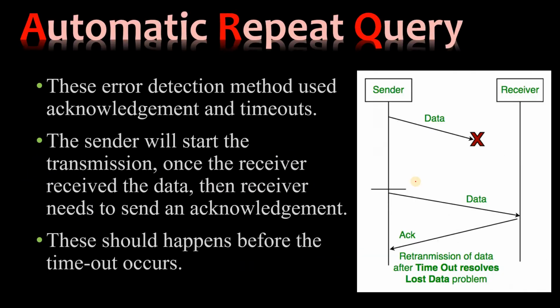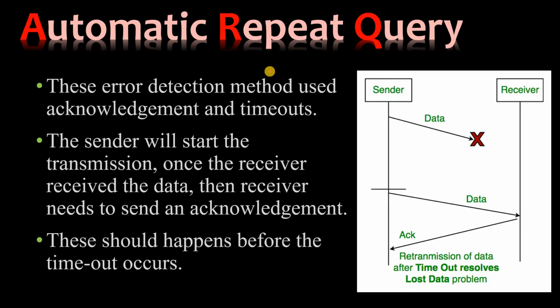Then the next error detection method is ARQ. It stands for automatic repeat query or else automatic repeat request, you can say. Okay, so get into this. What is happening in this? The sender started transmitting data.